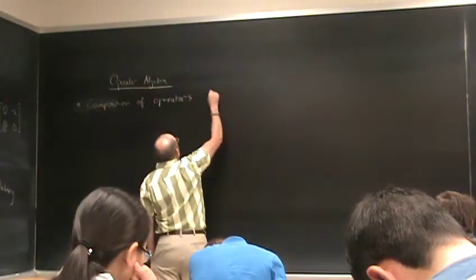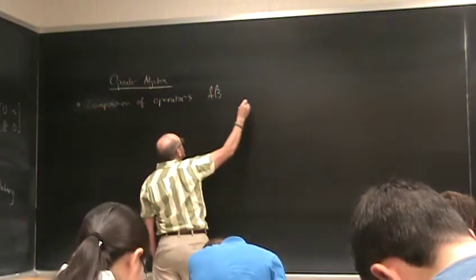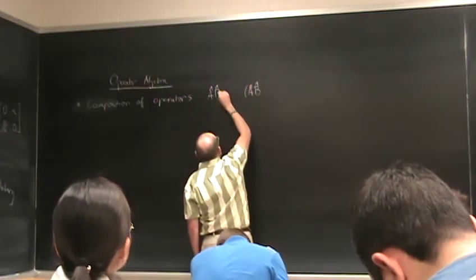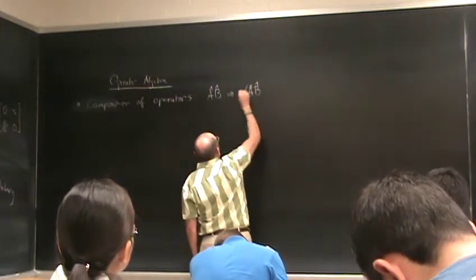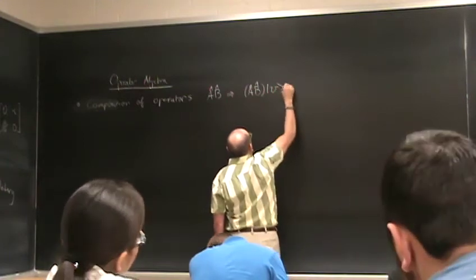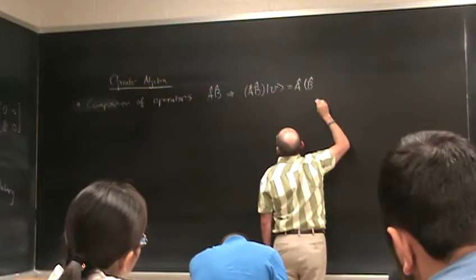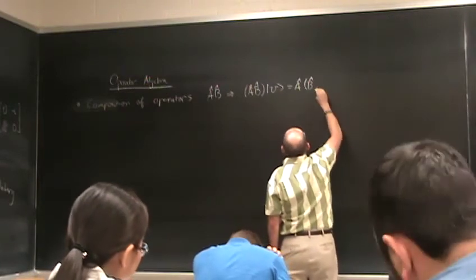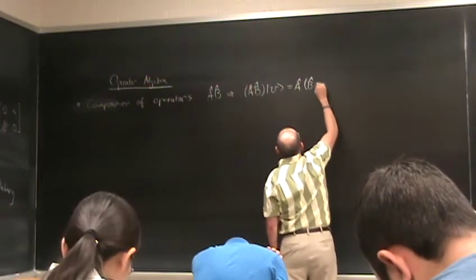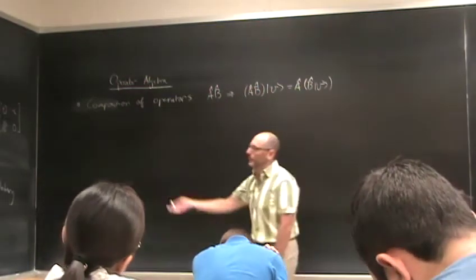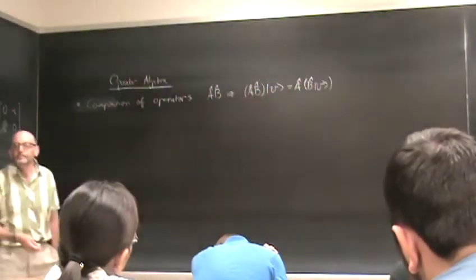So A times B has a meaning because AB on a vector is just what I get when first I act B on the vector, that's some other vector, and then I act A on it. That's just the definition. Of course, we did that by matrix multiplication.